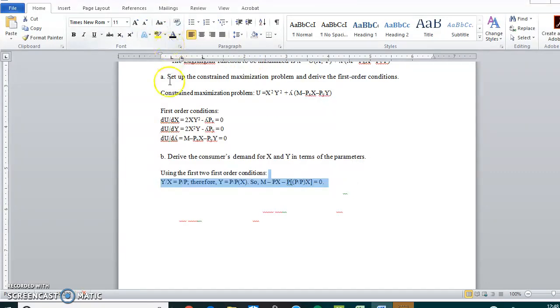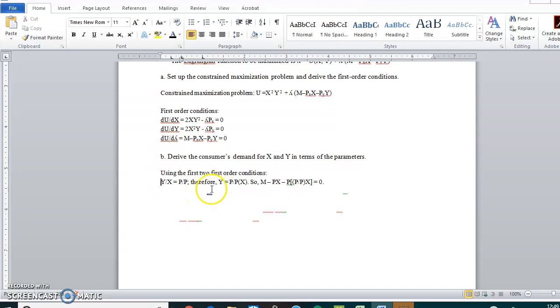So we know that y over x equals p over p. And although no one comes out and says it to you in this chapter, you know that something over itself is always 1. So we know that y over x equals p over p, which is also 1.